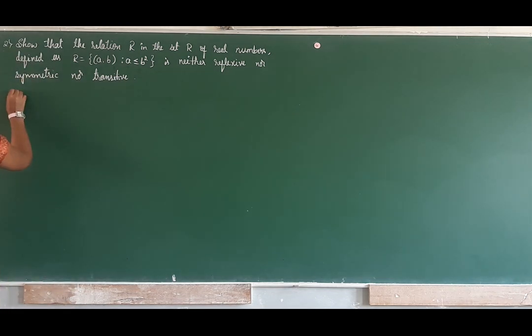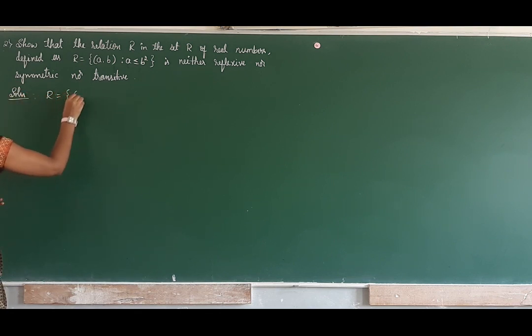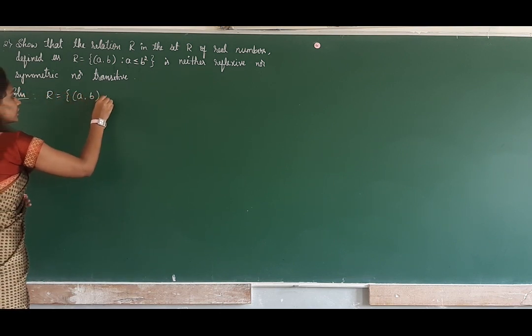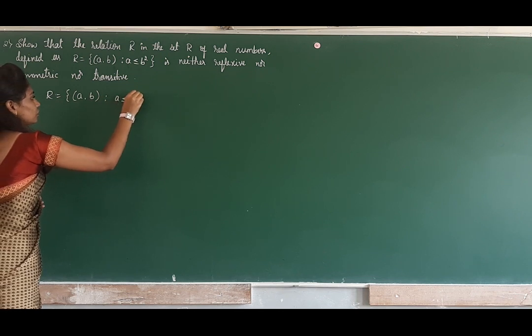Okay. First we have to write the relation R is equal to the set of ordered pairs (a, b) such that a is less than or equal to b square.